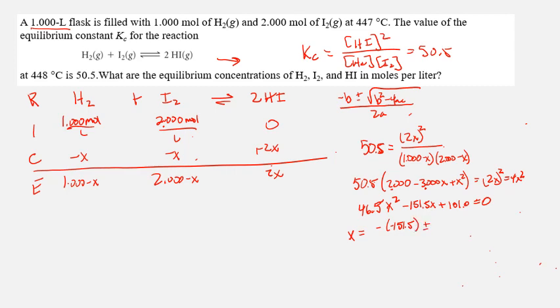And then I can say plus or minus the square root of negative 151.5 squared minus 4 times the a, which was 46.5, times the c, which was 101, and then we will take all of that and divide it by 2 times a, so 2 times 46.5.